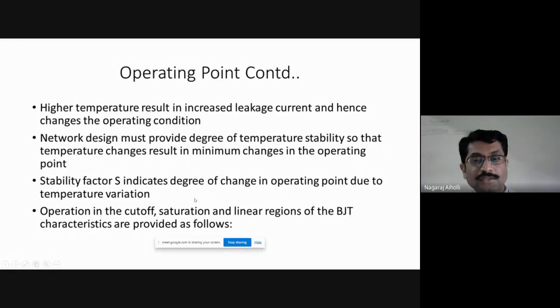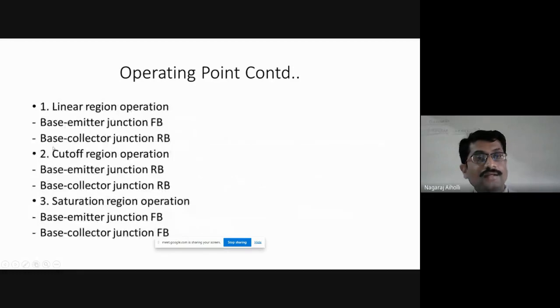Operation in the cutoff, saturation, and linear regions of the BJT transistor are indicated as follows here. So when will the transistor operate in the cutoff region, when in the saturation region, and when in the linear region? For what values of DC voltages will the transistor be in cutoff, in saturation, and in linear region? That is highlighted in the next part. If we want to operate the transistor in the linear region, that is the active region, then the base emitter junction should be forward biased and the base collector junction should be reverse biased always.